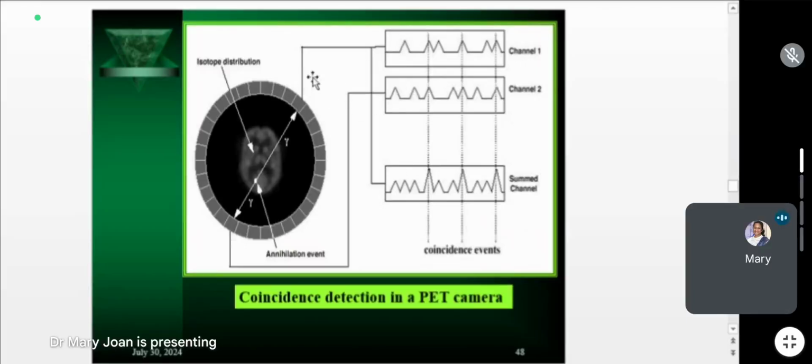So each detector pair is connected with channel 1 and channel 2. So the detector pair needs to detect two photons in the same time frame, then only it will be considered as a coincident event, giving rise to the resultant.